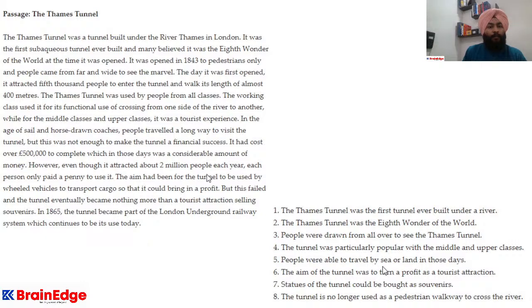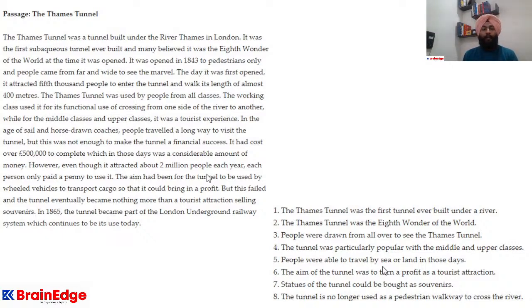Financial success, the aim. This is the one. So lock the sentence, full stop to full stop. The aim had been for the tunnel to be used by wheeled vehicles to transport cargo, so that it could bring in a profit. Okay, this is fine. It was made to turn a profit. But for what thing? As a tourist attraction.